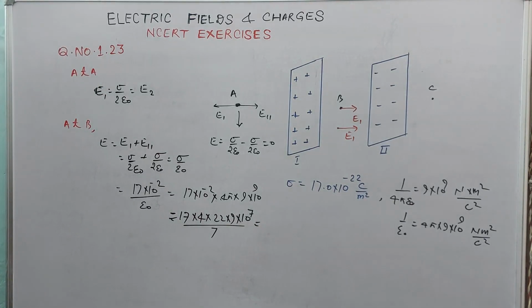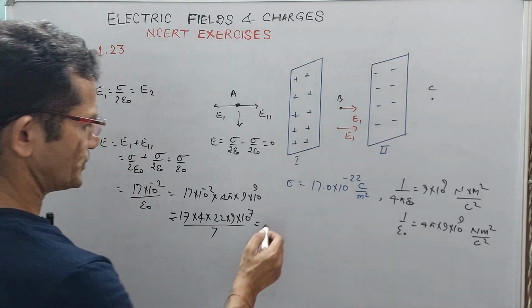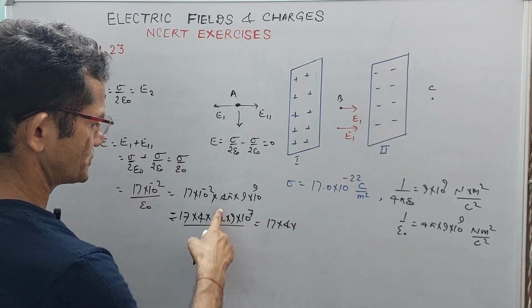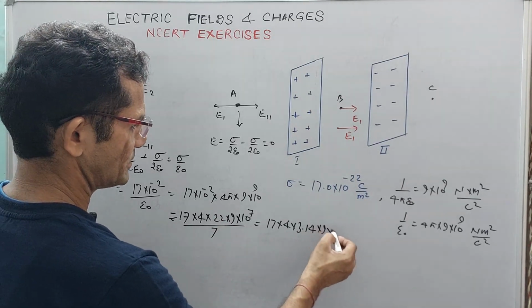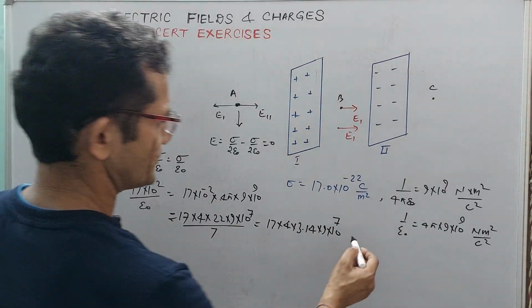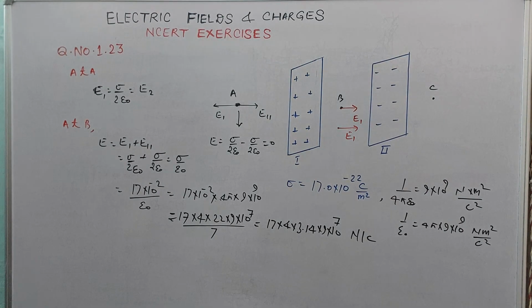Now if you simplify this, 22 by 7 is 3.14, 17 into 4 into 3.14 multiplied by 9, into 10 raised to the power. This is the value of the electric field, in Newton per Coulomb.